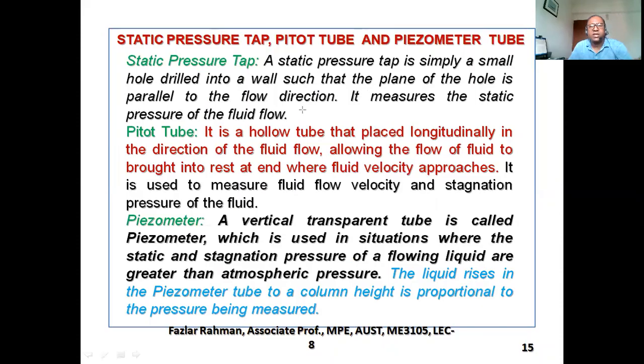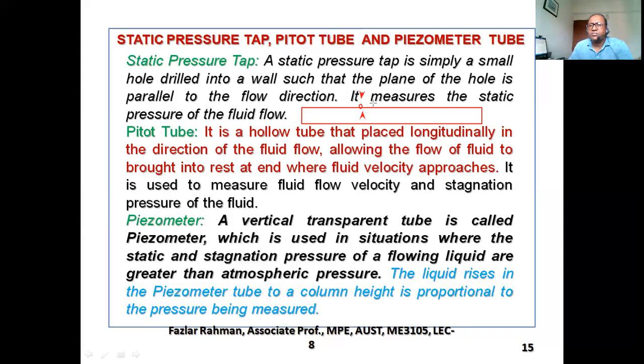For example, you have a pipeline. If you make a hole at the surface, then two things work through the hole. Fluid pressure will work upward toward the hole. Atmospheric pressure works downward.